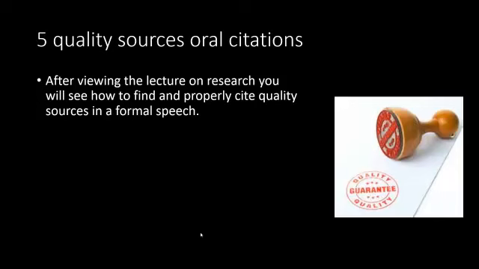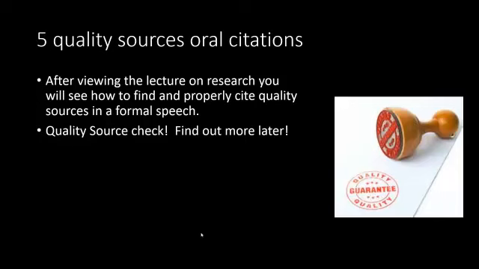When you do that, I will actually quality check your sources. When you come to campus to deliver the speeches for round 1 and round 2, I will have your sources with me after the speeches, and I will go through them and do a quality check. I will likely make those notes and post them on Blackboard the next day or so, but I do ask that they be good sources.